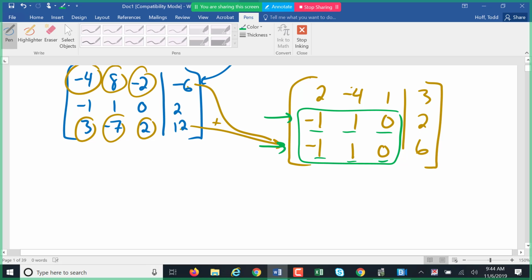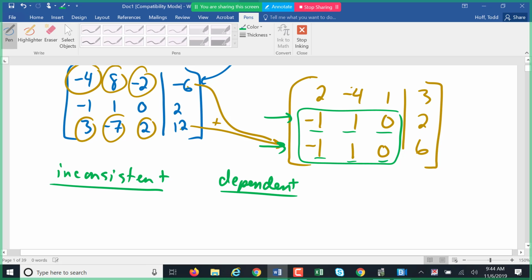When that occurs, remember that means this is either going to be inconsistent or dependent. Dependent means that 2 of the equations are really the same equation. Inconsistent means they're parallel, so they can never have a solution.